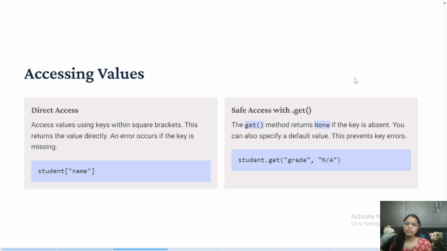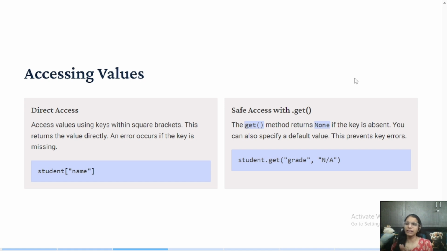Next, how to access values in dictionaries. To retrieve a value using its key, you can access values directly via dict square brackets key, or safely with a method that returns a default if the key isn't found, which is dot get brackets. So this keeps the program from crashing unexpectedly.